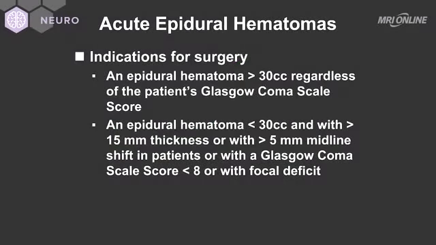Just want to remind you that when I spoke about subdural hematomas, the thickness was only 10 millimeters, whereas for epidural hematomas, it's 15 millimeters. Again, this suggests that the prognosis for those patients who have subdural hematomas is worse than those with epidural hematoma in that the surgeons are going to operate earlier on subdural hematomas than epidural hematomas.